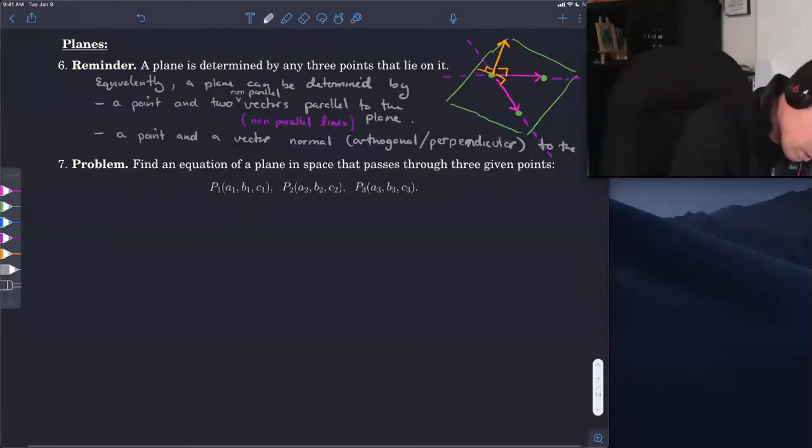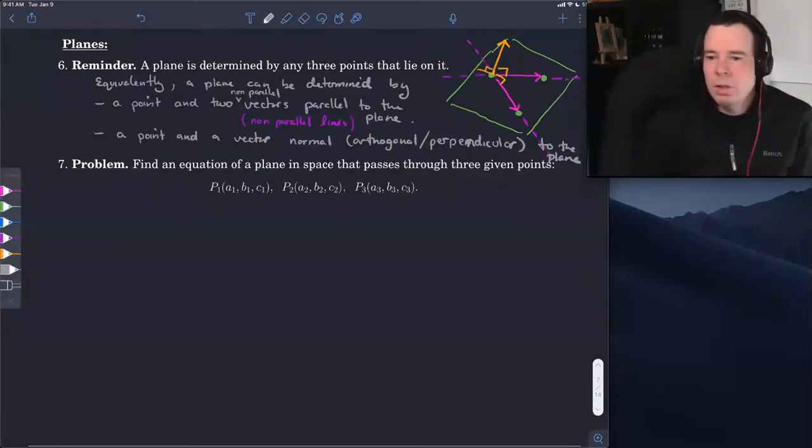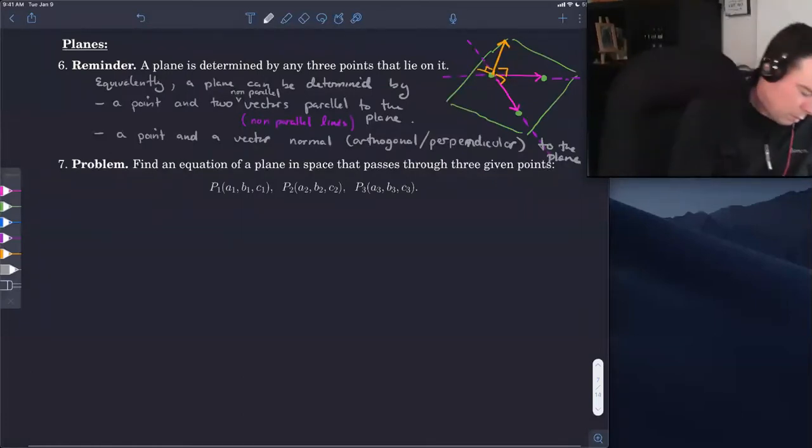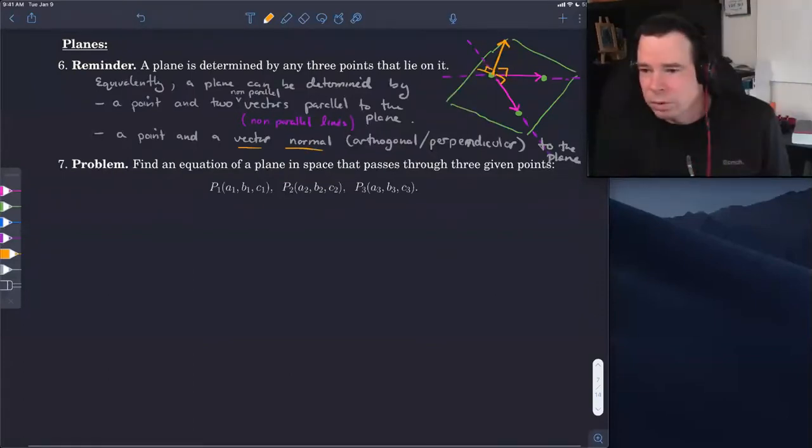Ran out of room to write the word plane there, to the plane. There we go. All right, so it can be determined by a point and a vector perpendicular or normal to the plane. So that was our orange vector in the picture.